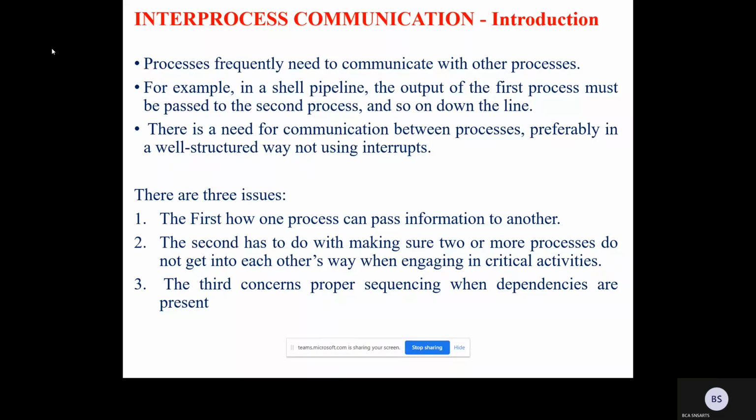For example, in a pipeline, the output of the first process must be passed to the second process, and so on down the line. So there is a need for communication between processes, preferably in a well-structured way without using any interrupts.